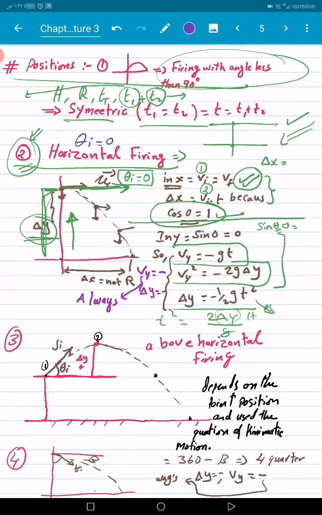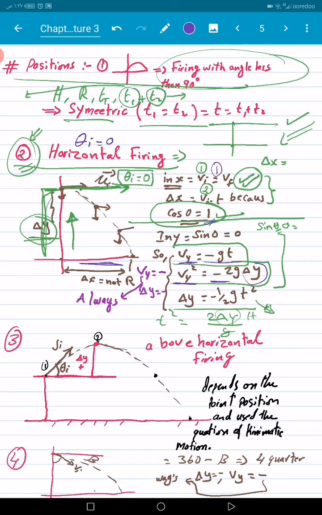In x you have the same equation, v initial is equal to v final, and delta x, from this point to this point, is equal to vi times t, because cosine 0 is equal to 1. But in y, because sine 0 is equal to 0, just v final is equal to minus gt, and v final squared is equal to minus 2g delta y.